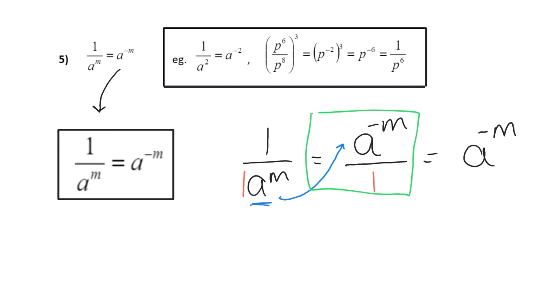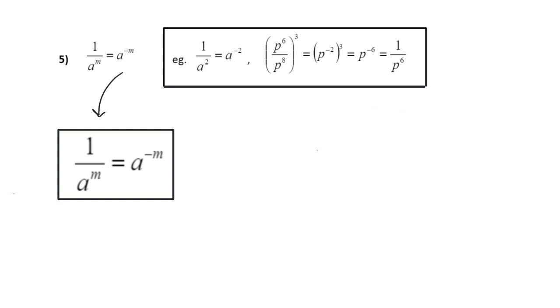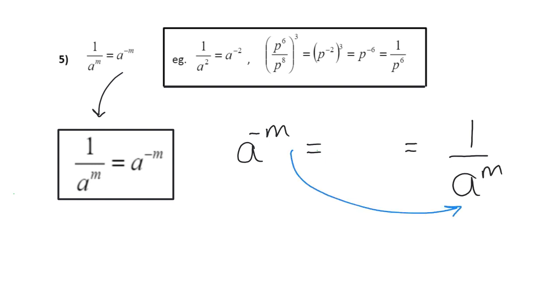That can be said also on the reverse, and it's something worth pointing out. Equally, if we were moving from a to the power of negative m and we wanted to make it a positive power, then we could jump to 1 over a to the power of m. Because it skipped from the top to the bottom, this negative becomes a positive.